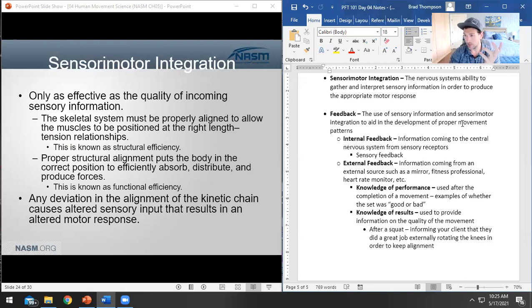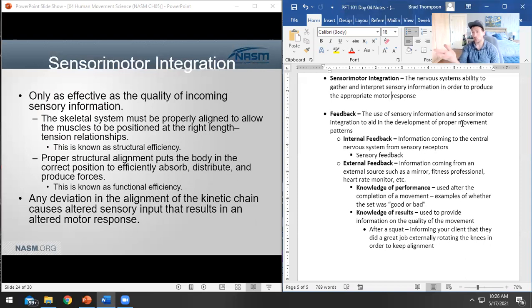So the reason we spend so much time talking about alignment and posture and an active core is because if your muscle is not at the right length, then the sensory information going into your brain is altered. Which means that the information coming back and you trying to move in a very specific way can't really happen the way it's supposed to, because you've already given it the wrong information.